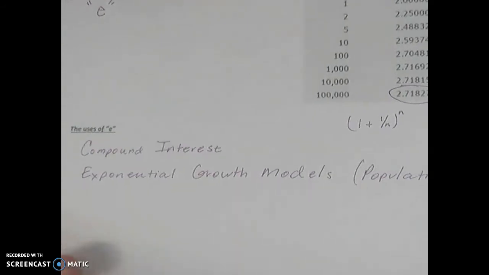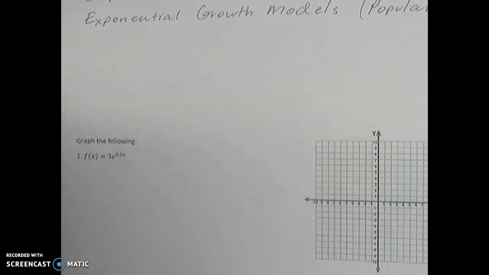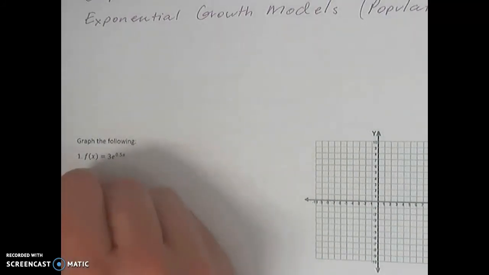For us, at least in this first section, we just treat e like any other number. So just because we're going to graph 3 times e to the 0.5x, doesn't mean we're not going to treat it just like any other number. So we're going to graph this the same way.